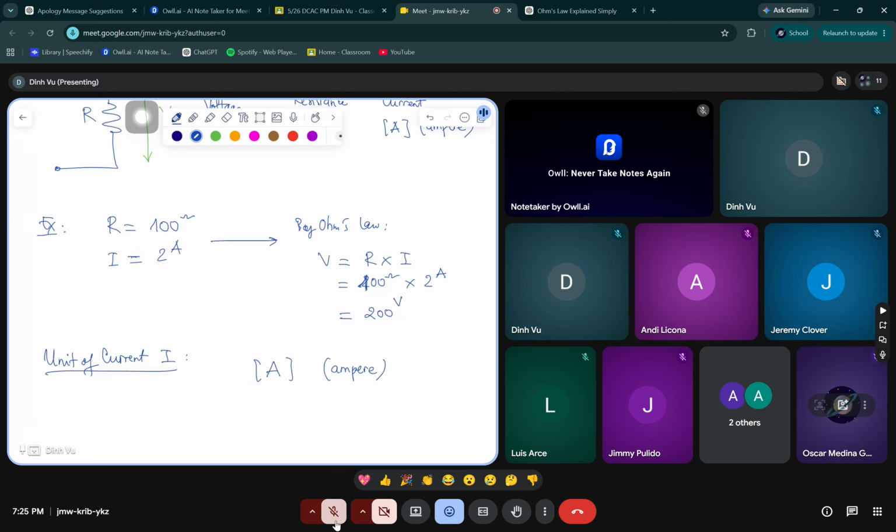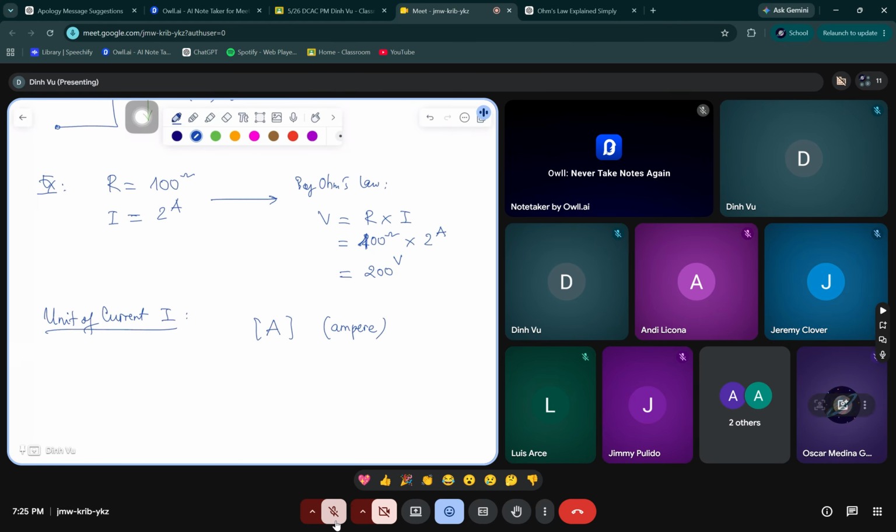Ampere is the basic unit for calculation. However, besides this unit, the current has another unit. The other unit is milliampere. We write the lowercase letter m, ampere.